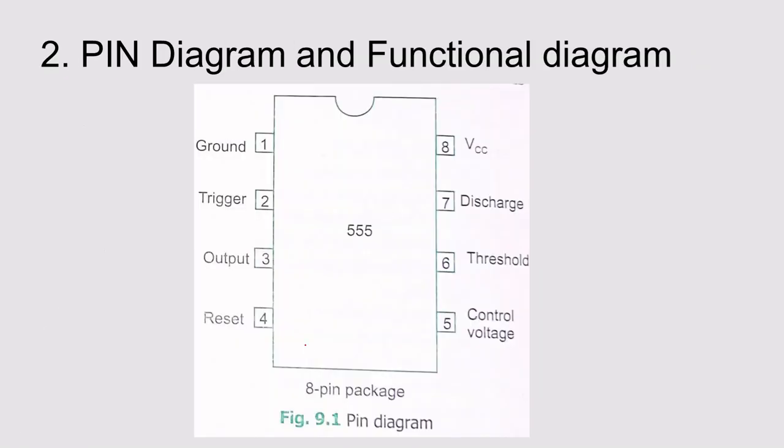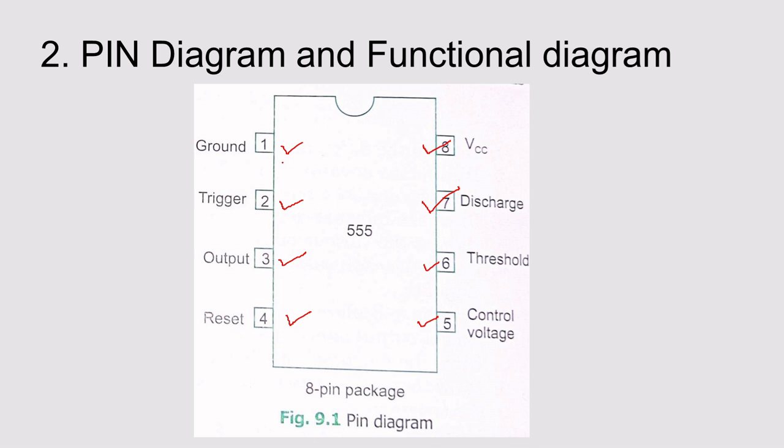Now we will go to the pin diagram of the 8-pin package. The first pin is ground, very important. The second pin is trigger, third is output, fourth is reset, fifth is control voltage, sixth is threshold, seventh is discharge, and eighth is the positive supply voltage.